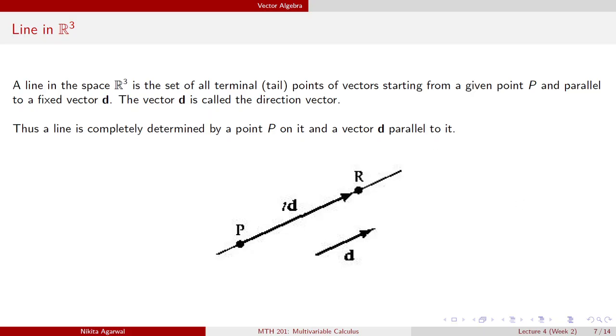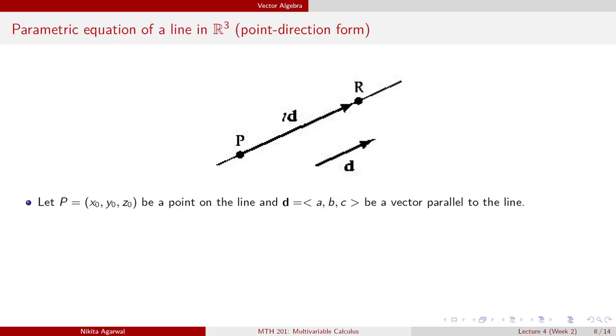Now let us understand the equation of a line. There are two forms that we will study. First is called the parametric equation of a line in point direction form, where you see a point and a direction. This is the picture that you saw in the previous slide. Let us call this point P as x0, y0, z0. It's a point in R3, so let these be the coordinates of this point.